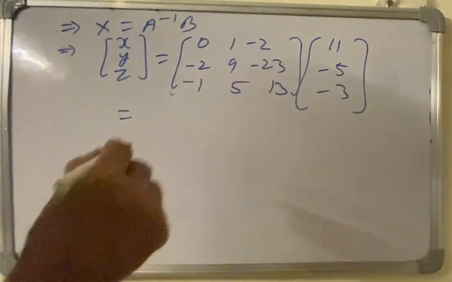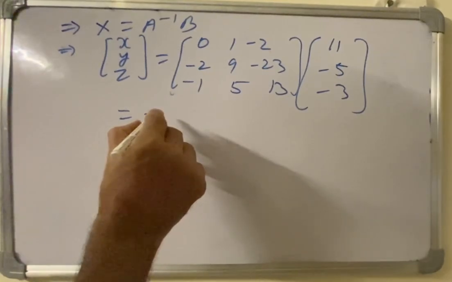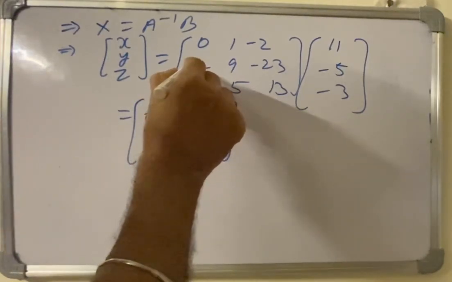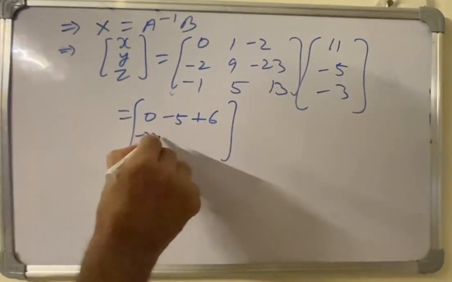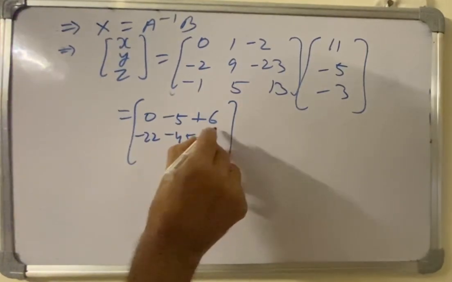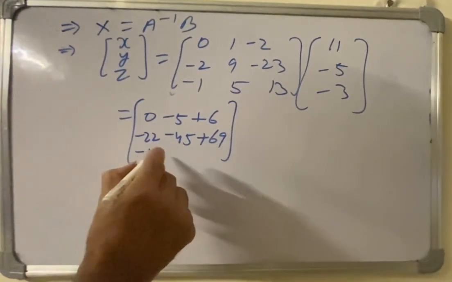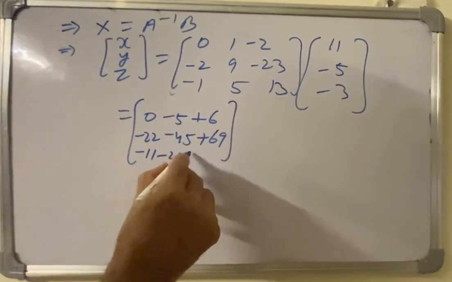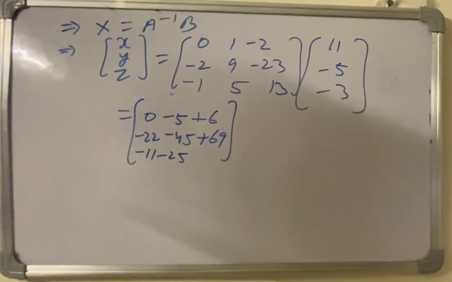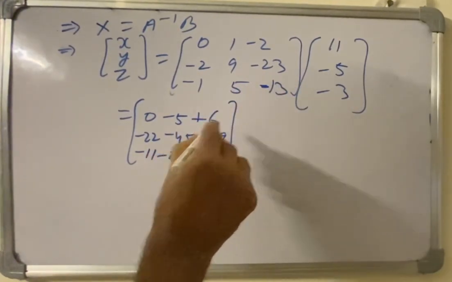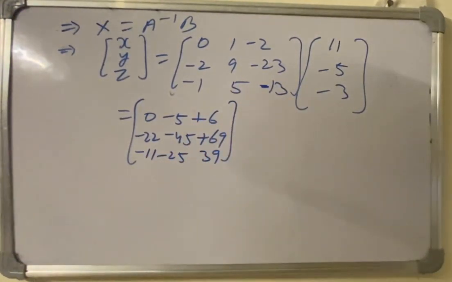Multiplying first row with this column: 0, minus 5 plus 6, then minus 22, minus 45 plus 63, then minus 11, minus 25, minus 39.